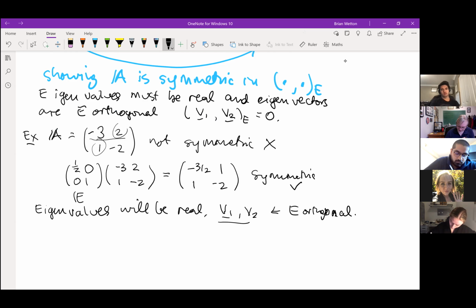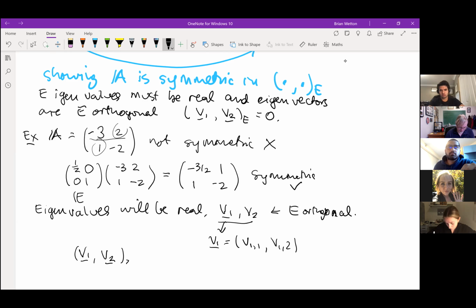And what does that mean, right? So if I've got my V1 vector and it's got components V11 and V12, right? And the same thing with V2, that would mean that if I take V1 E inner product with V2, that should be 1/2 times V11 V21.